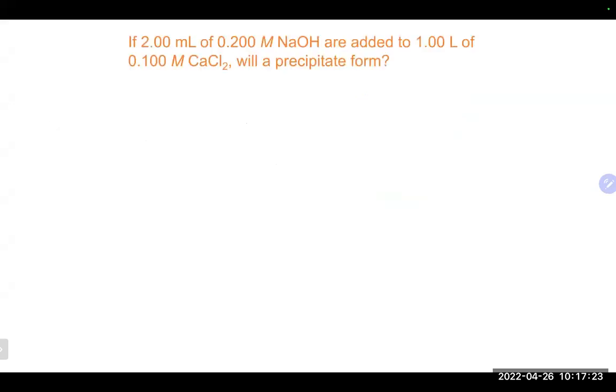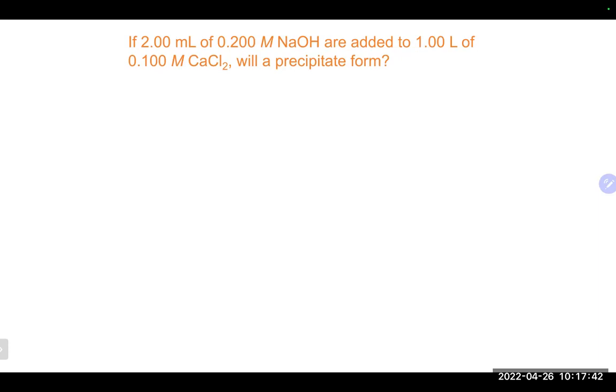So let's take that one here and decide, will a precipitate form? So we take our 2 milliliters, 0.2 molar sodium hydroxide, and we add it to 1 liter of 0.1 molar calcium chloride. Will we expect a precipitation to form?